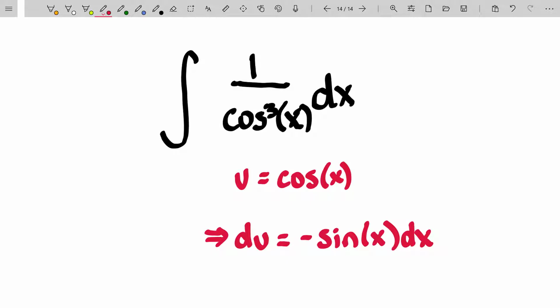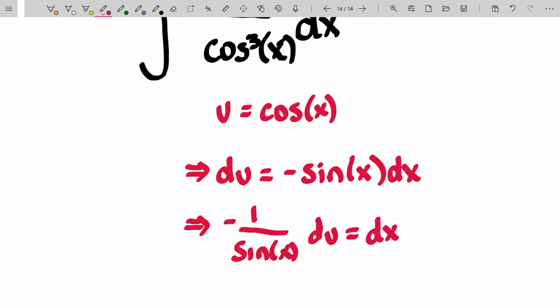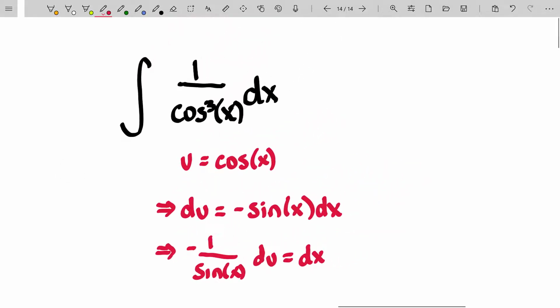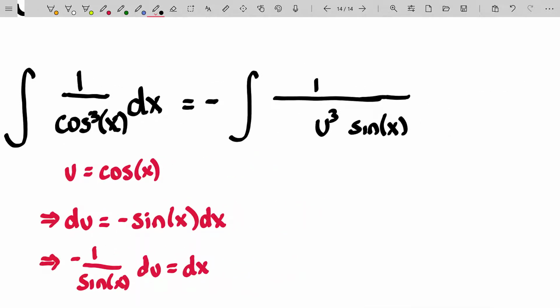That does not mean it won't work, it just means it makes it more challenging. So I just divided both sides by a negative sine of x because that's what I'm going to replace dx with. And if you do that substitution, I'm just letting you know it gets really messy. You have this integral 1 over, remember, cosine is u, so this is going to be u cubed. dx is negative, I already put the negative out front, so negative 1 over sine of x, not sine squared, but just sine of x, and then du.